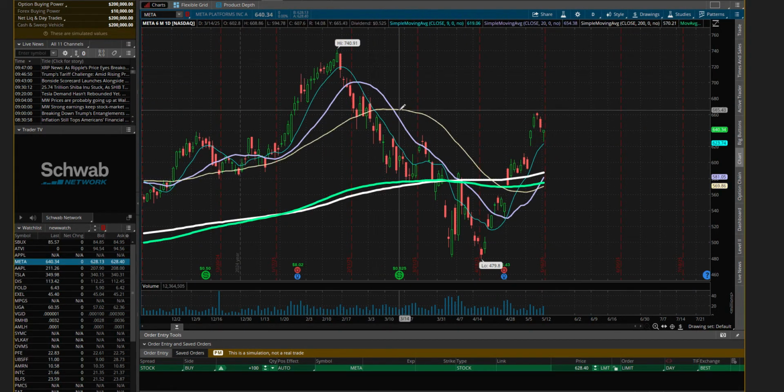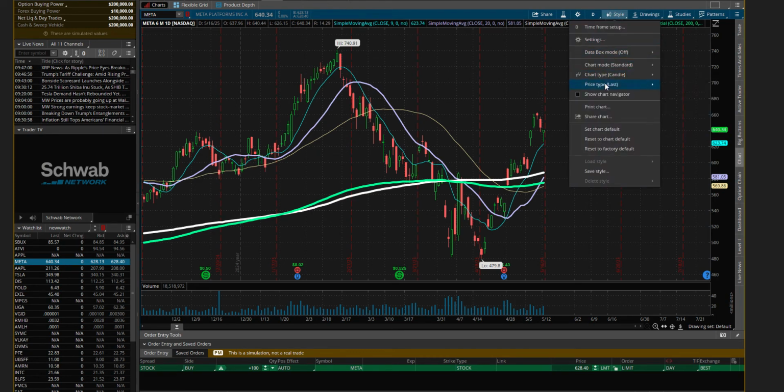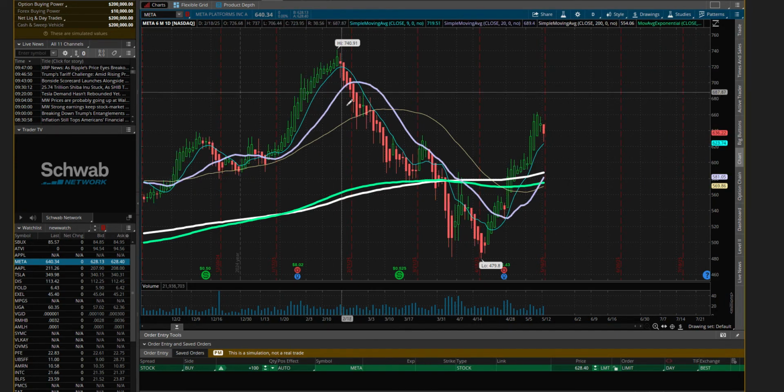You see how choppy Meta looks, and this could be really confusing for some people. So if they want to use Heiken Ashi for their swing trading, it just kind of cleans it up for you. It makes it a little more simple to see, a little more visually appealing, I would say. But it still manages to respect our moving averages.